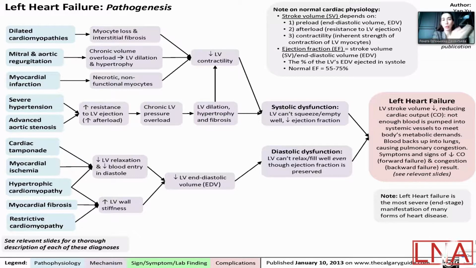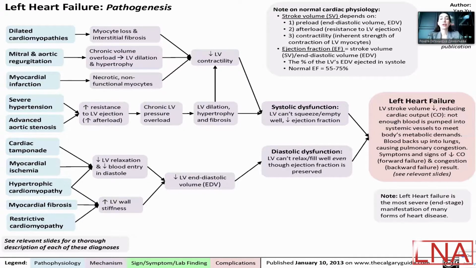A problem with contractility leads to decreased cardiac output and stroke volume. It's a problem with the systole. So, systolic dysfunction: the left ventricle cannot squeeze and empty well, which leads to decreased ejection fraction. The left ventricle cannot output blood normally. Systolic dysfunction and decreased ejection fraction lead to the signs of left heart failure.